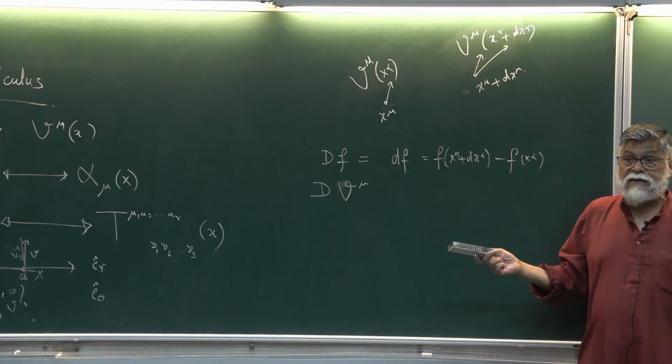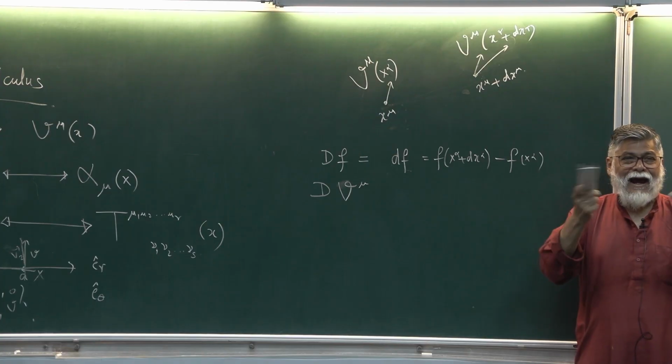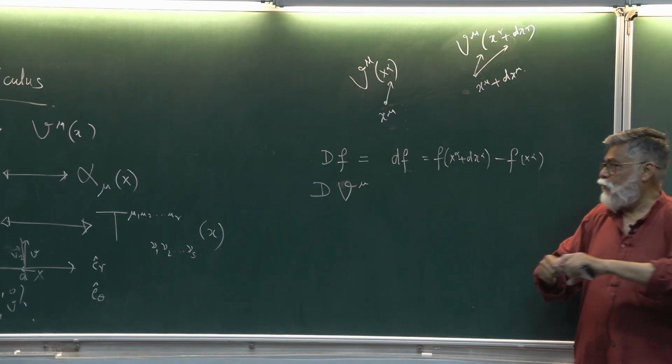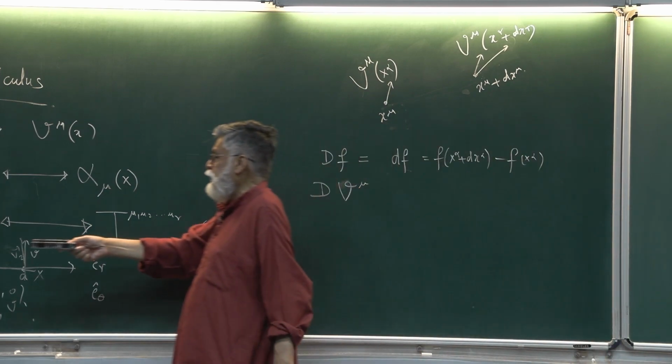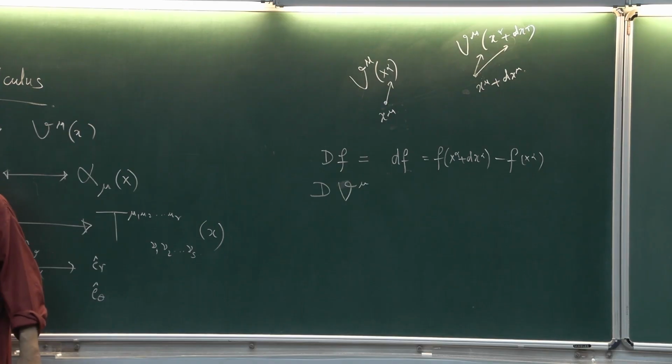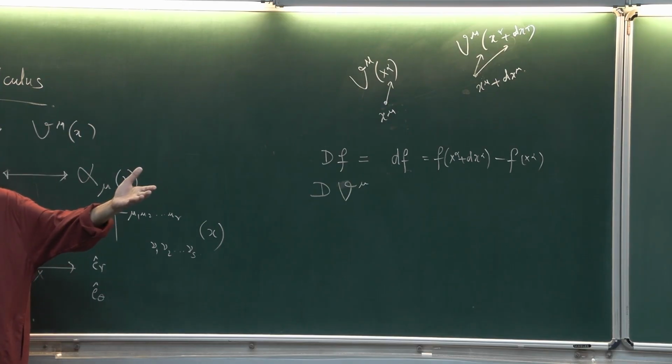Why is it a valid procedure? Because I can add and subtract vectors at the same point. That I am allowed to do because at every point the vectors form a vector space. So adding and subtracting vectors at the same point, I know what to do.